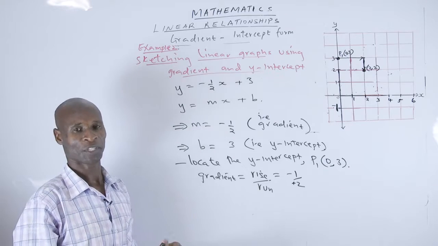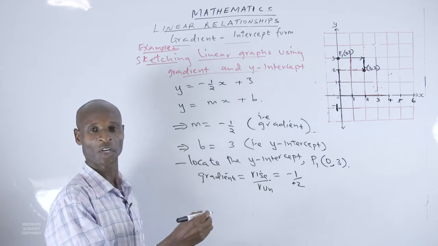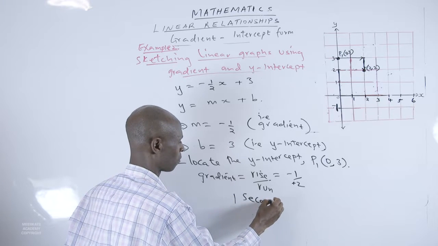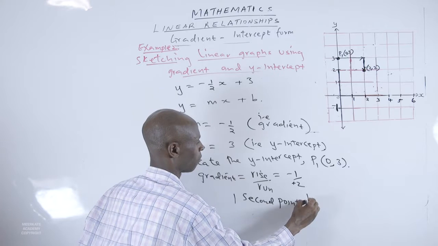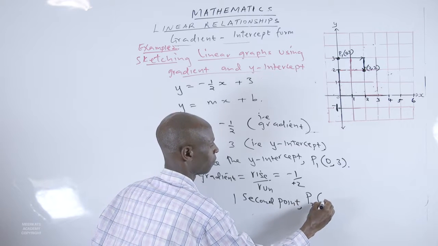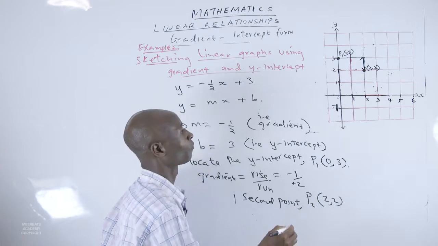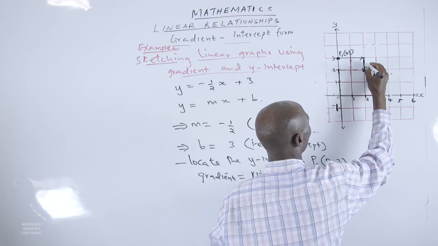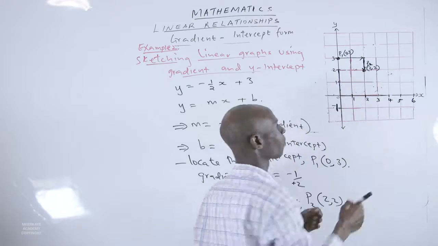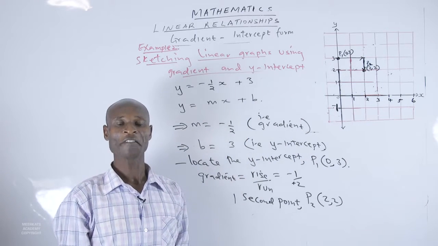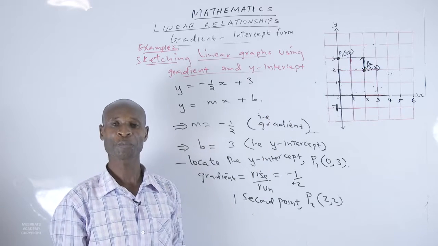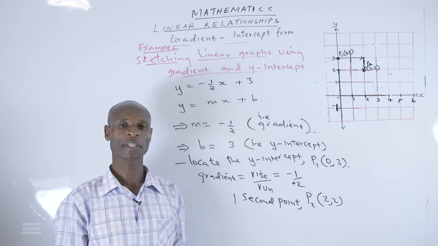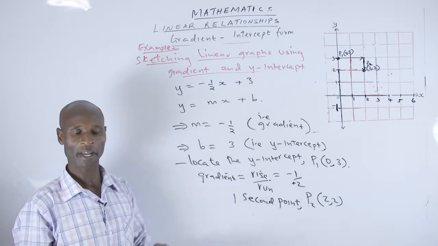That is our second point. We shall call that point P2. Once you have the 2 points, P1 and P2, you now take a ruler and join the 2 points to obtain the straight line for that particular linear relation.